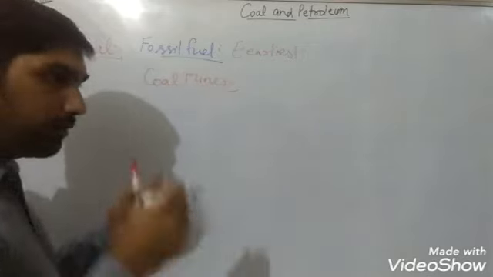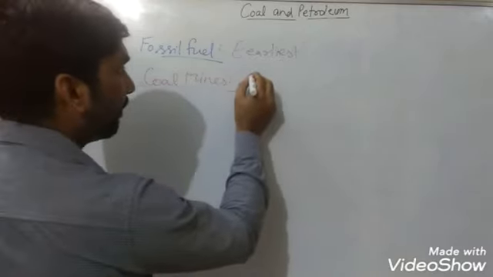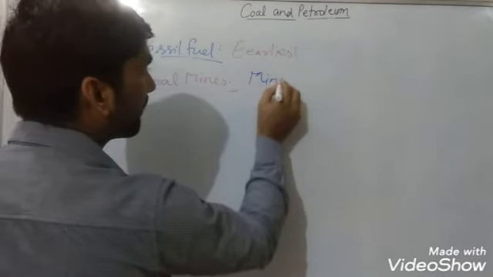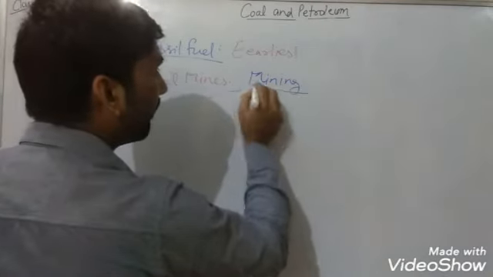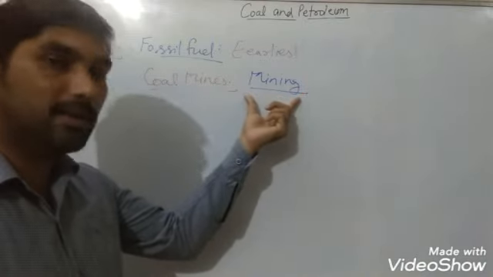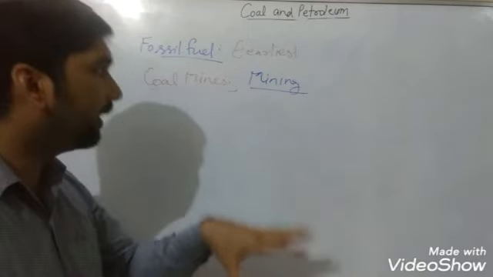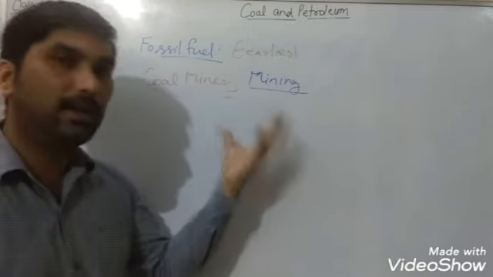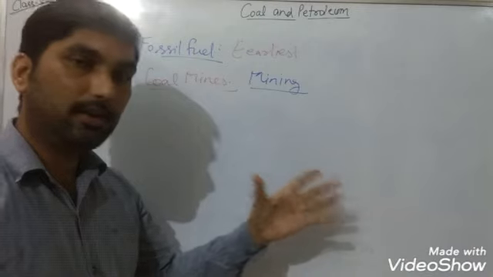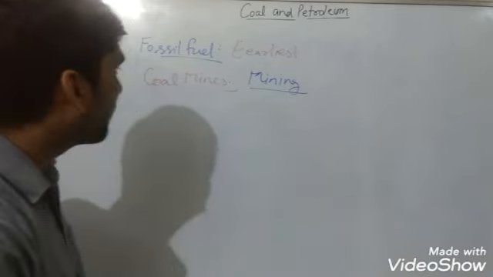We dig the earth crust and extract it by a process known as mining. So coal mining is the process to extract coal from the earth crust, and this mining can be done by human beings or with the help of machines.